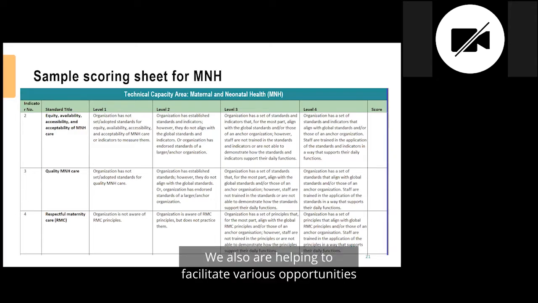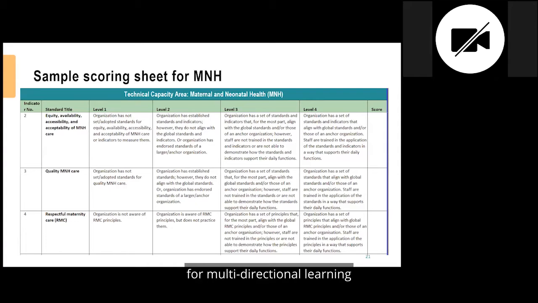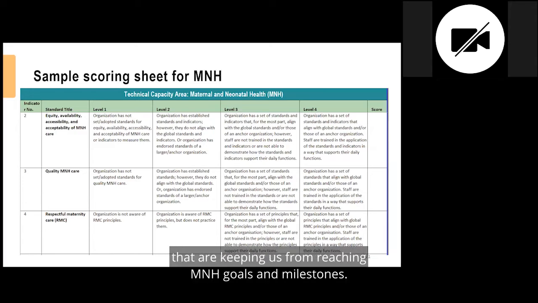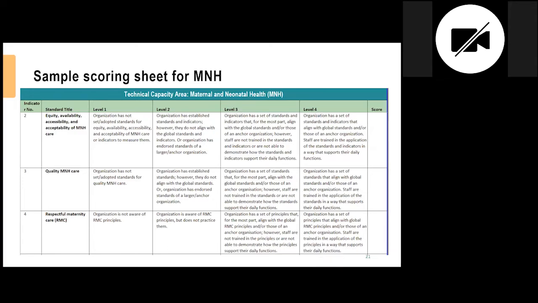We also are helping to facilitate various opportunities for multi-directional learning and sharing of evidence and different experiences, and working in partnership to prioritize the ways in which we're addressing various obstacles and gaps that are keeping us from reaching MNH goals and milestones.